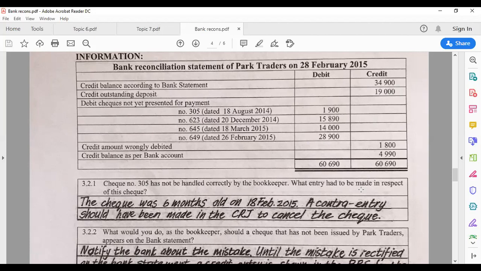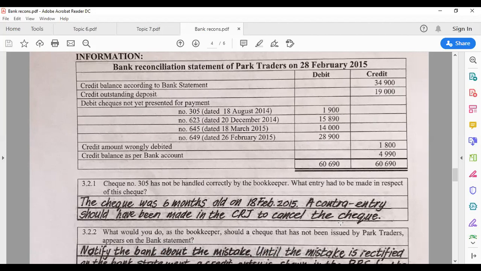Okay, so the check was 6 months old. Look at the date, 28 Feb. Okay, a contra entry should have been made in the CRJ to cancel the check. So let me explain. We don't work with checks anymore, okay? But if we did, then a check is outdated 6 months prior.